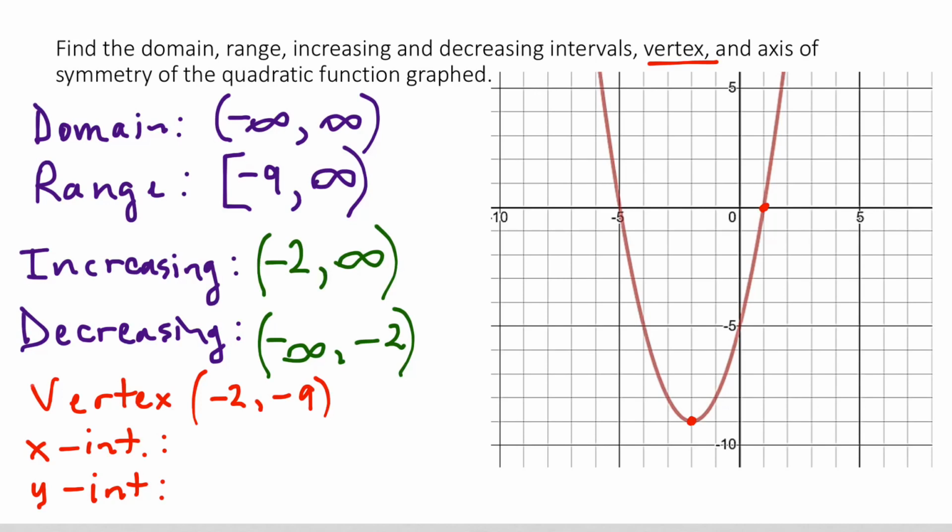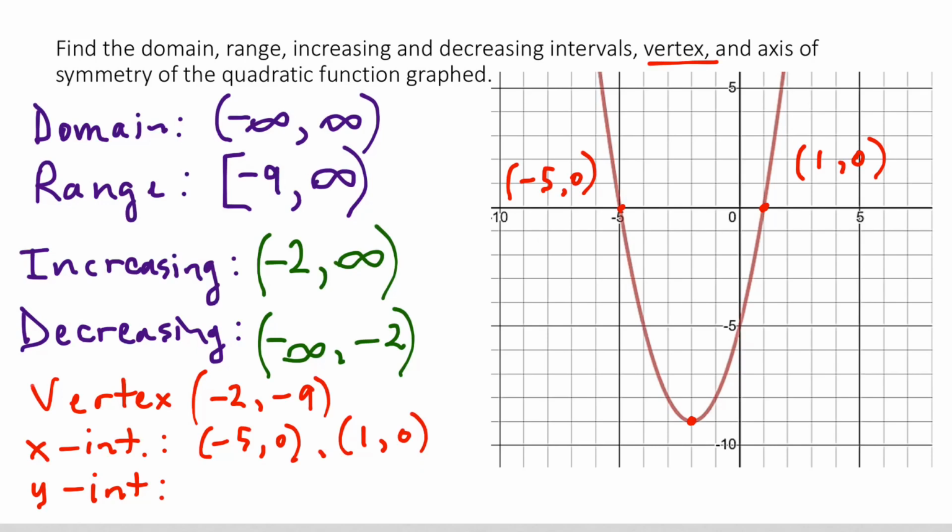So I've got one there at x value of 1, y value of 0, and one here, x value of -5, y value of 0. So I'm going to write those here. Sometimes in your homework you'll notice that they ask you to put them in lowest to highest order or left to right order. So watch out for when they specify that.